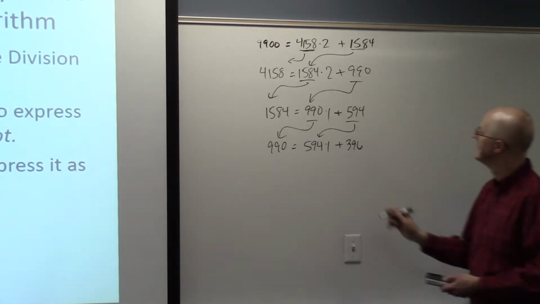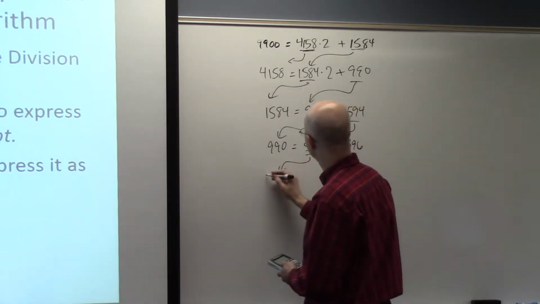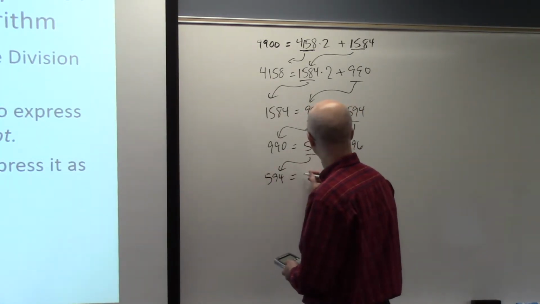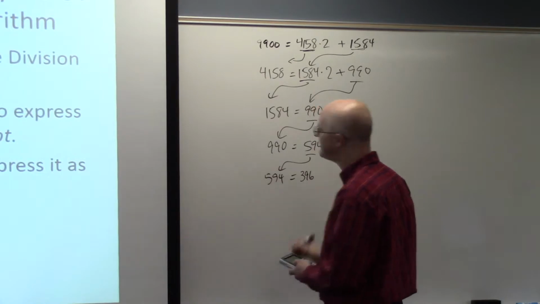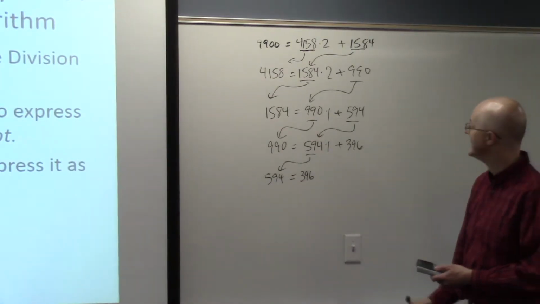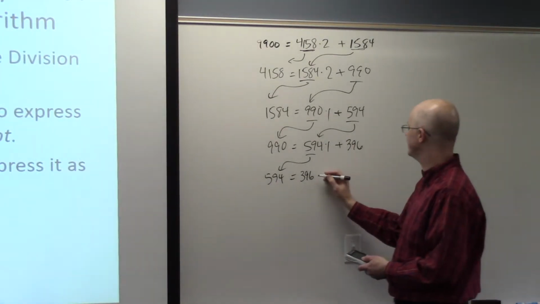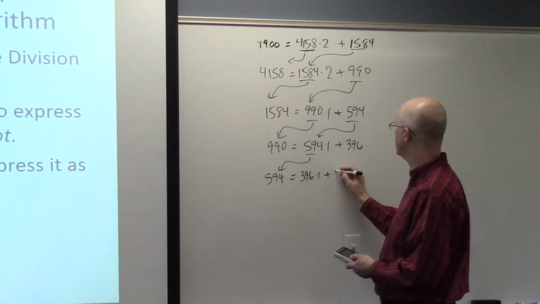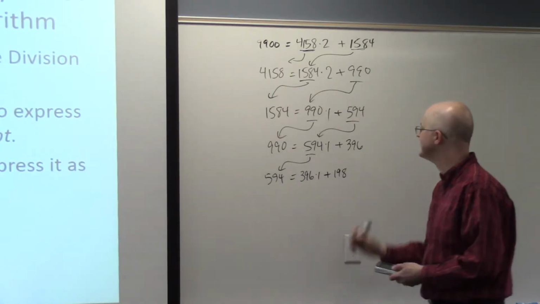Yes. Keep going. When do we stop? When does this algorithm stop? It stops when we get a remainder of 0, actually. 396 goes into 594 once with a remainder of 198.